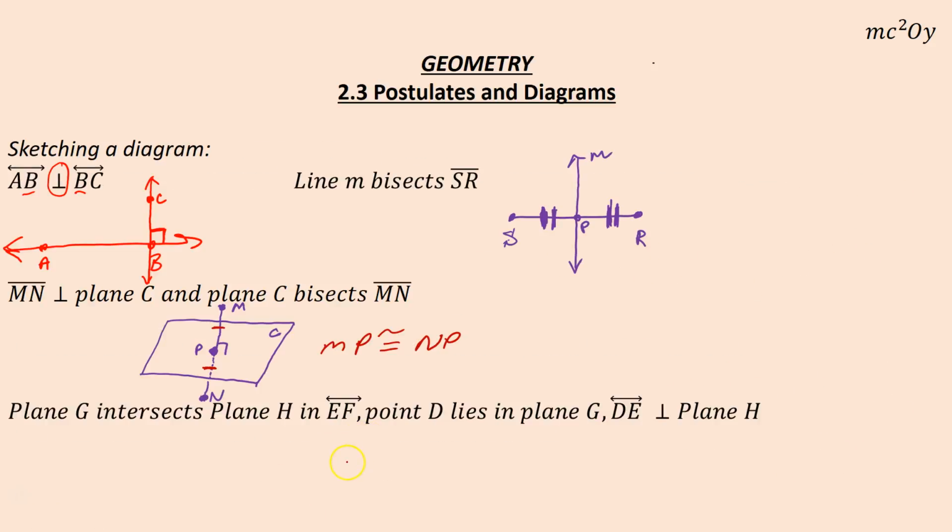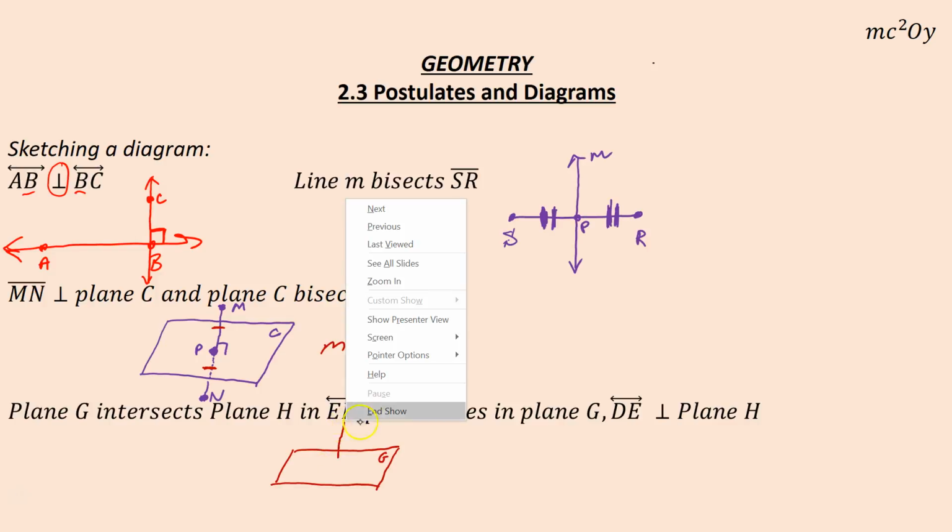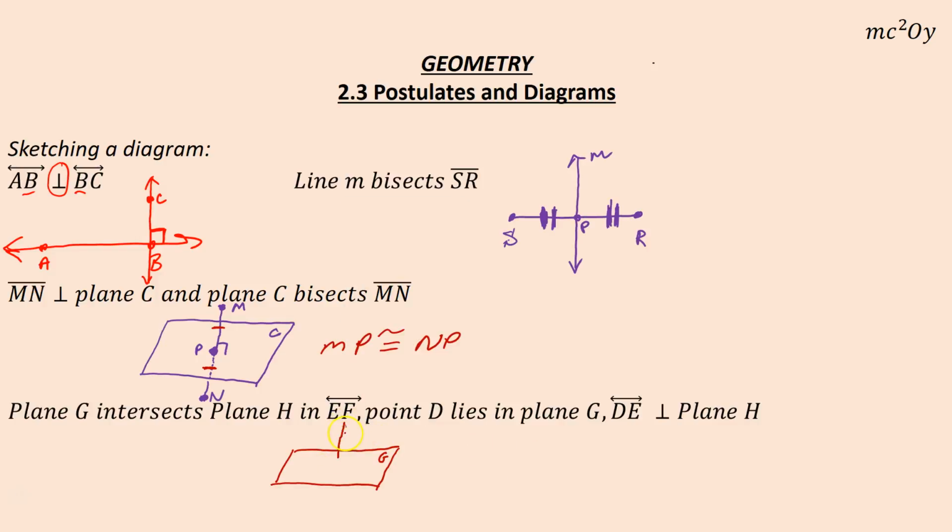I'm going to go ahead and draw one plane, plane G, and I'm going to have it intersecting. Oops, let's try to.